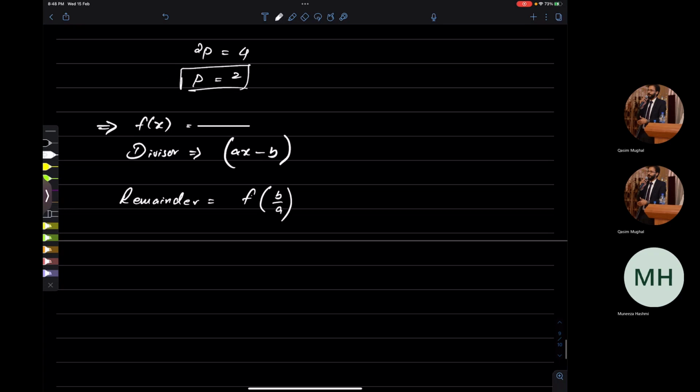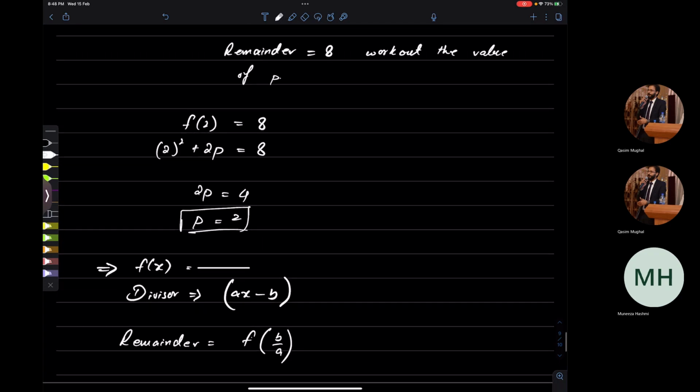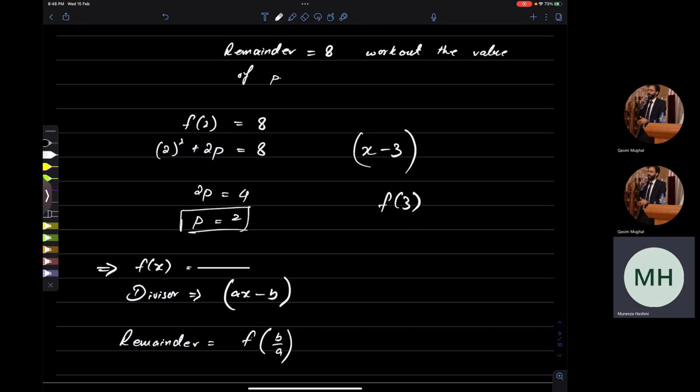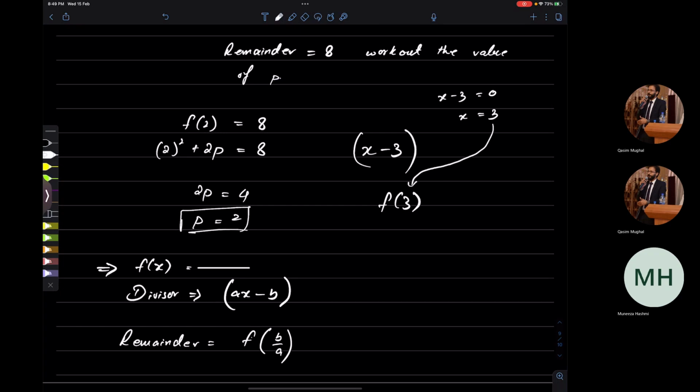Now how did I get b over a? First of all, tell me, if the divisor was x minus 3, what was the remainder? It's f of 3, isn't it? How would you calculate the remainder? By using f of 3. Where did you get 3 from? You change the sign of it. That's what I taught you. But what's actually going on behind the scenes? You put that expression equal to 0, work out the value of x, and then plug it into the function.